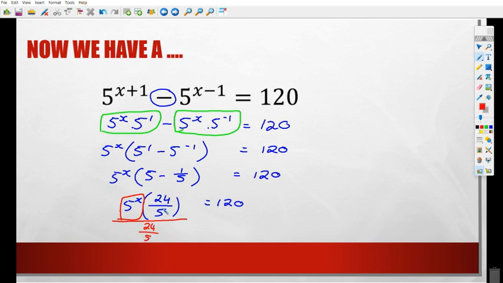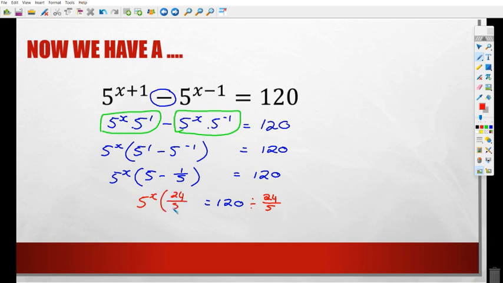I can't just do it here. I need to do it on this side. Here I'm going to say divided by 24/5 because it just looks nicer. I can actually do it on this side as well, so I can have more space. 5 to the x, in a different color now.